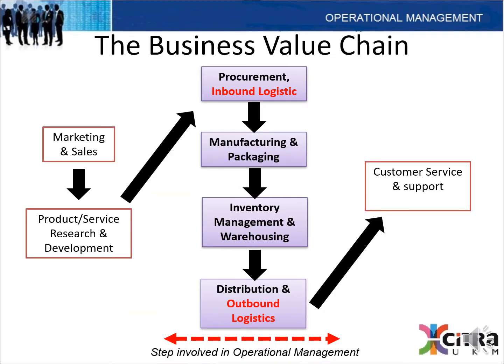In order for you to produce your product, you need to have this kind of process, or we call it a business value chain. In order for you to produce a specific product or service, you need to start with the marketing and sales.